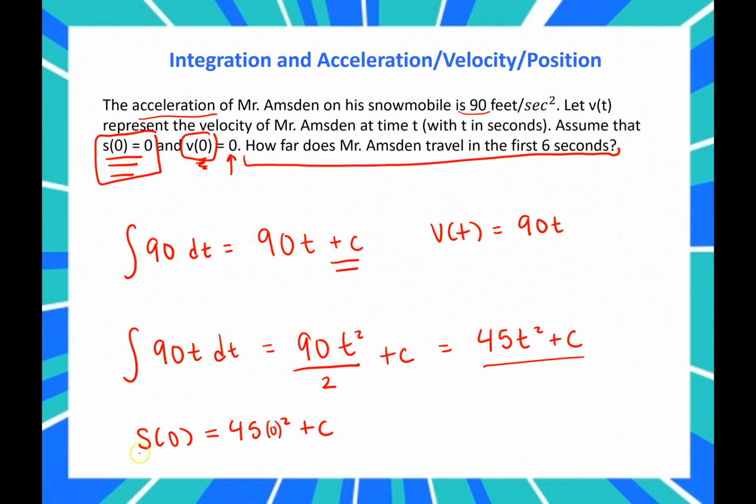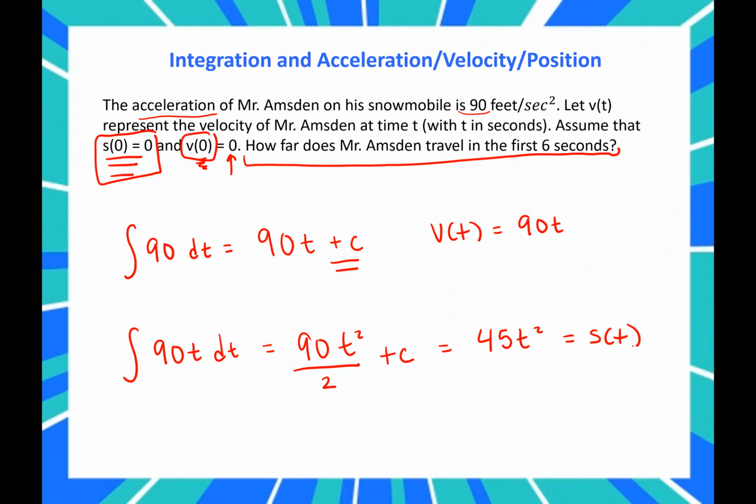So I'm basically getting s of 0, which I know to be 0, is equal to 0 plus c. In other words, this c value right here is 0. So I can erase that plus c because I just found that my c is 0. And I can state that this is my position function.